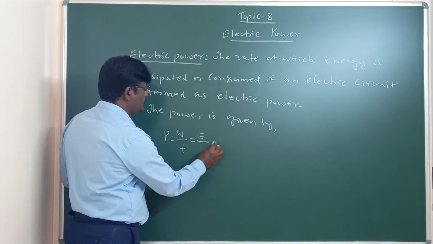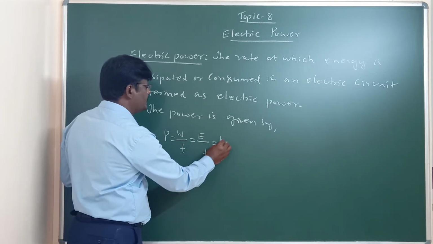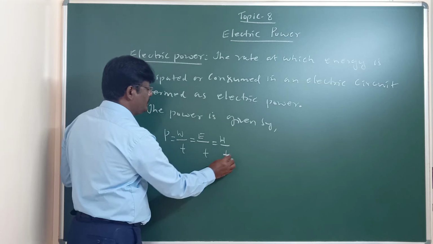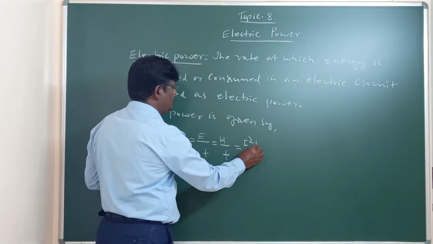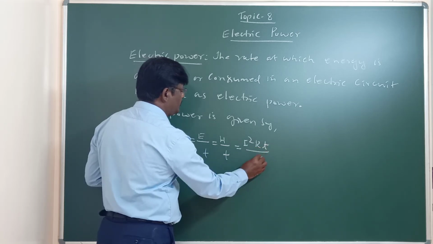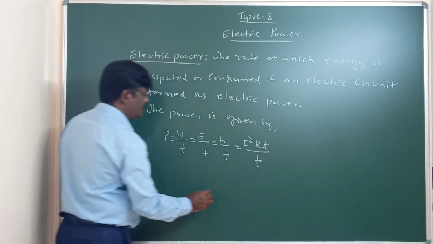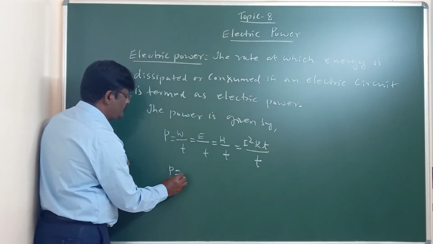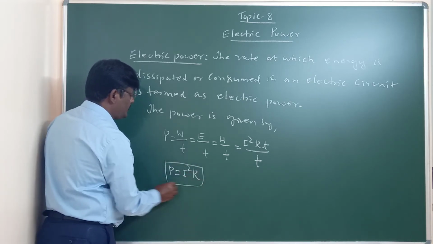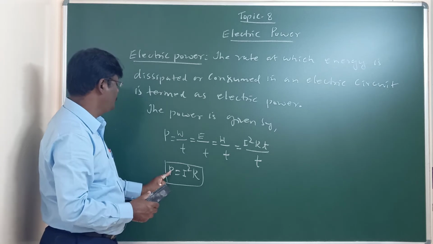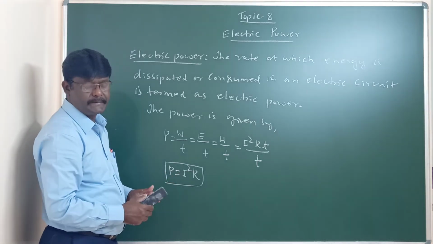So P equals E by T. E may be heat energy, H by T. Just now we have seen H is equal to I square RT, divided by T. T gets cancelled. So for power, we have P equal to I square R.